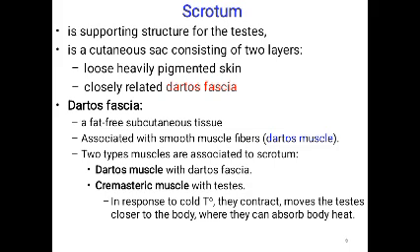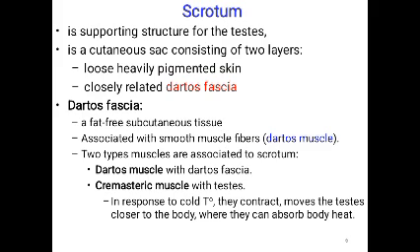Scrotum is the supporting structure for the testes. It is a cutaneous sac consisting of two layers: one, loose, heavily pigmented skin, closely related to dartos fascia; two, dartos fascia, a fat-free subcutaneous tissue associated with smooth muscle fibers, that means dartos muscle.